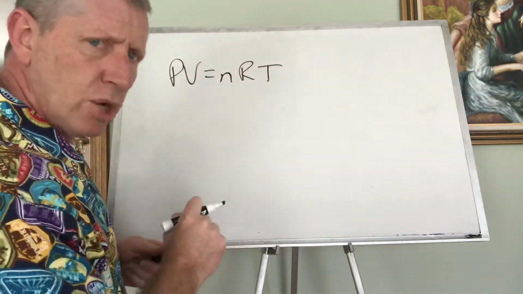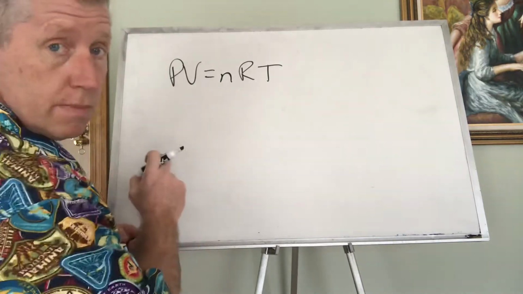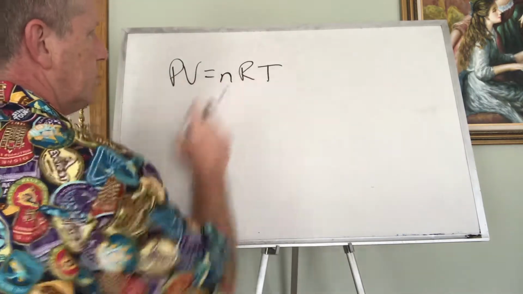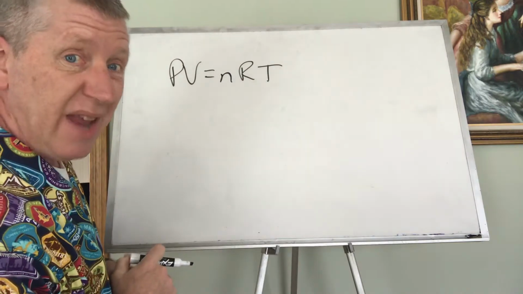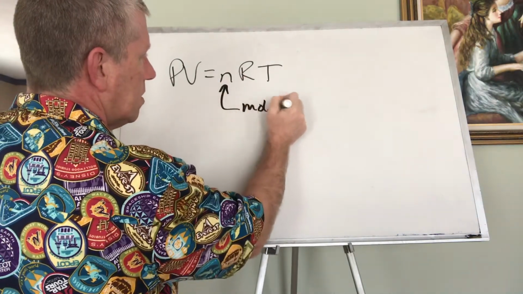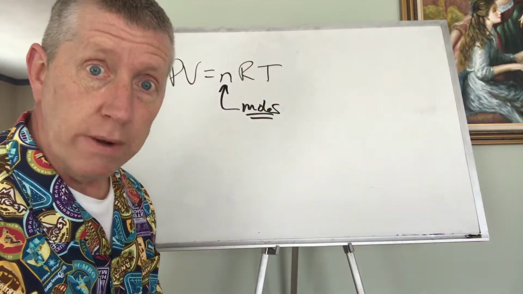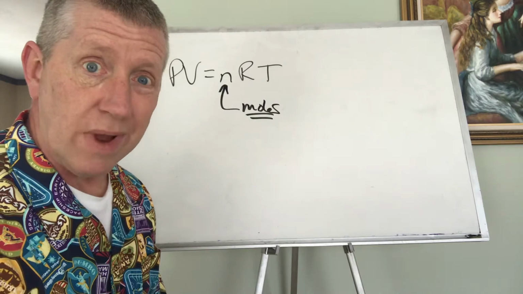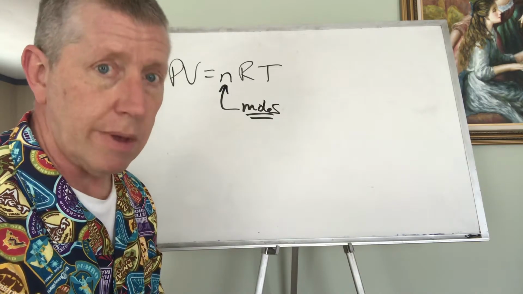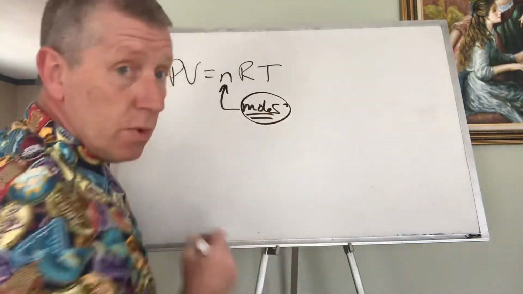So, let's see. Why is this one better? Well, it has this in here. Pressure, volume, temperature, and n, moles. We all know the most important thing in Chem 1 is to be able to convert moles to grams, grams to moles. Okay, now, this has something to do with the number of particles.